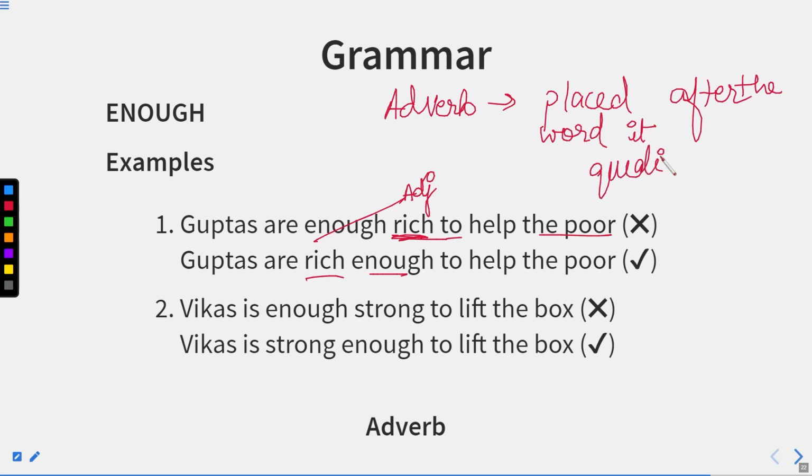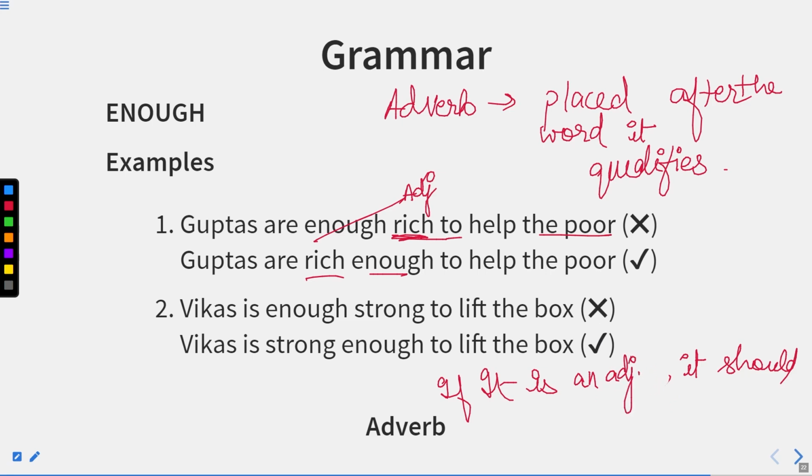But if it is an adjective, it should be placed before the noun.